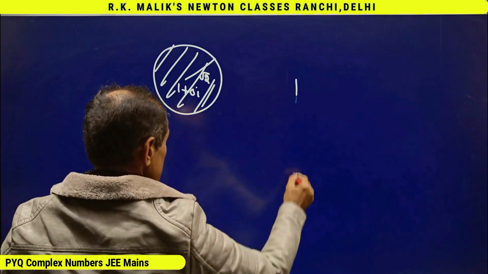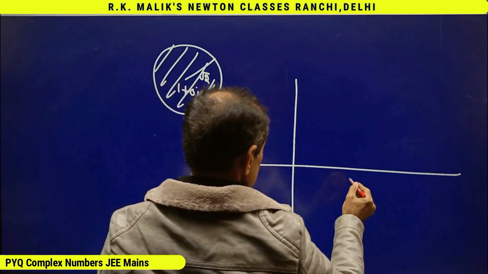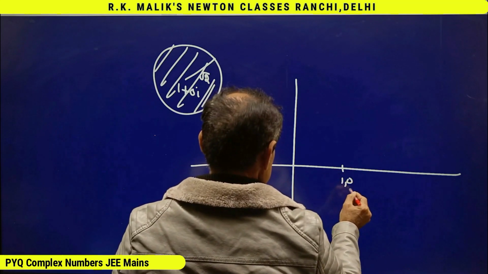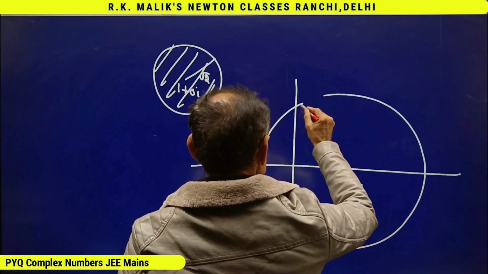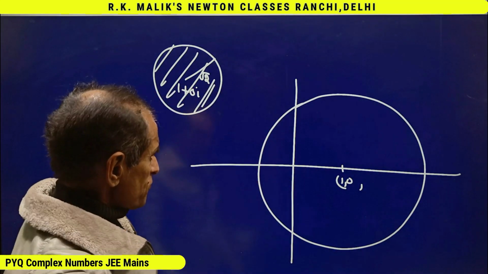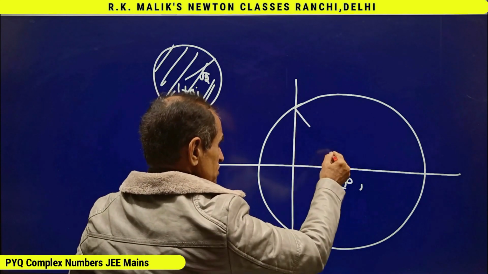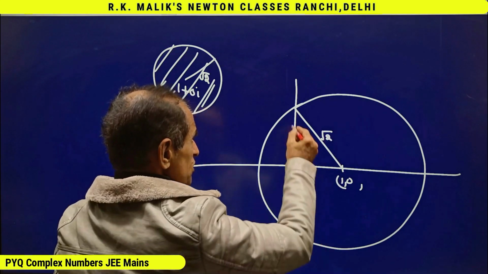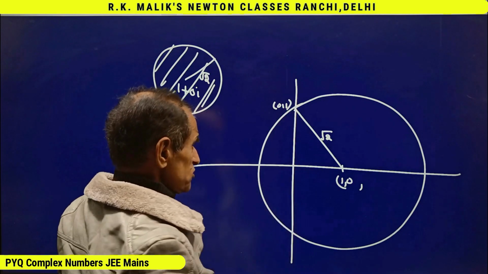That is, this is 1, 0 as center and radius as root 2. Because this length is 1 and this length is root 2, obviously this point will also be 0, 1.